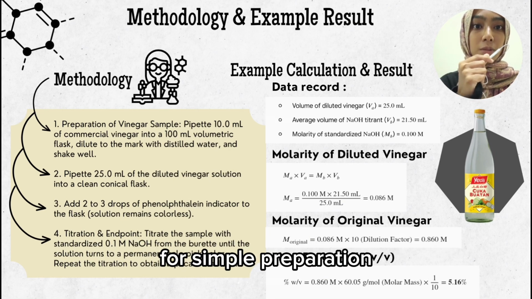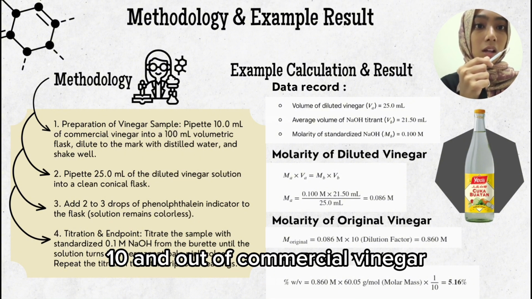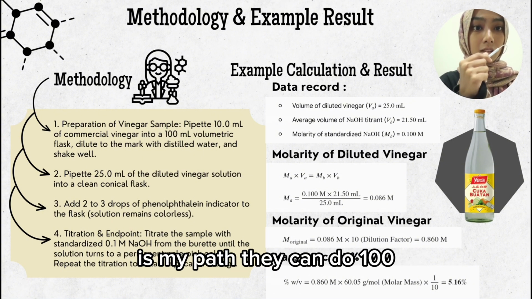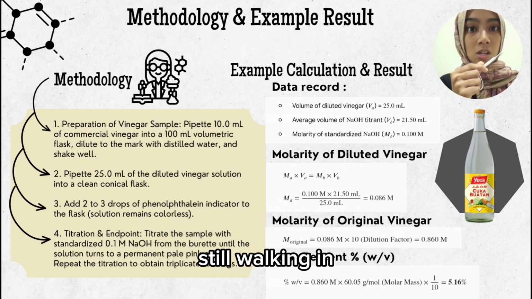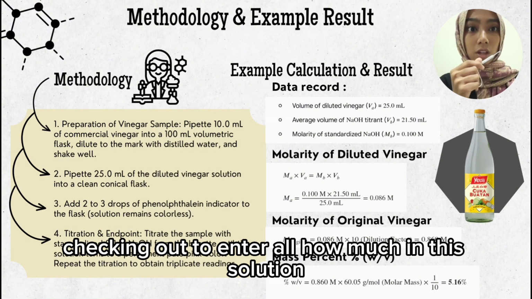First, for sample preparation, 10 ml of commercial vinegar is pipetted into a 100 ml volumetric flask, diluted to the mark with distilled water, and shaken well to ensure a homogeneous solution.